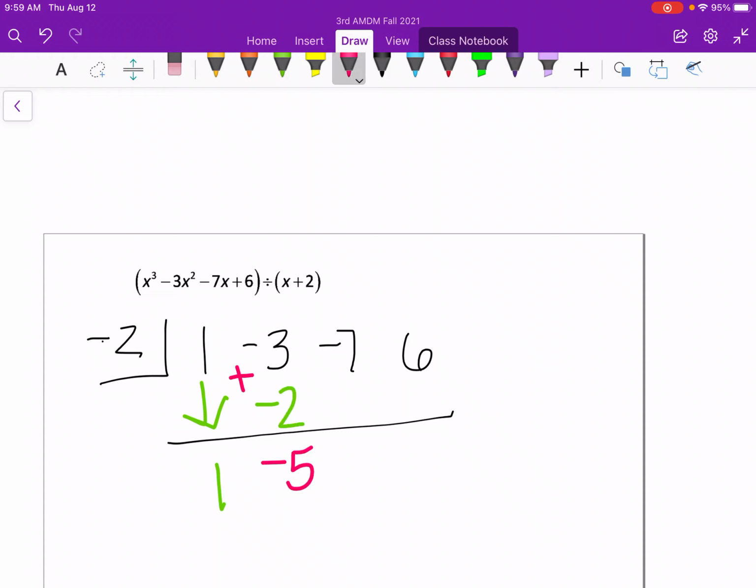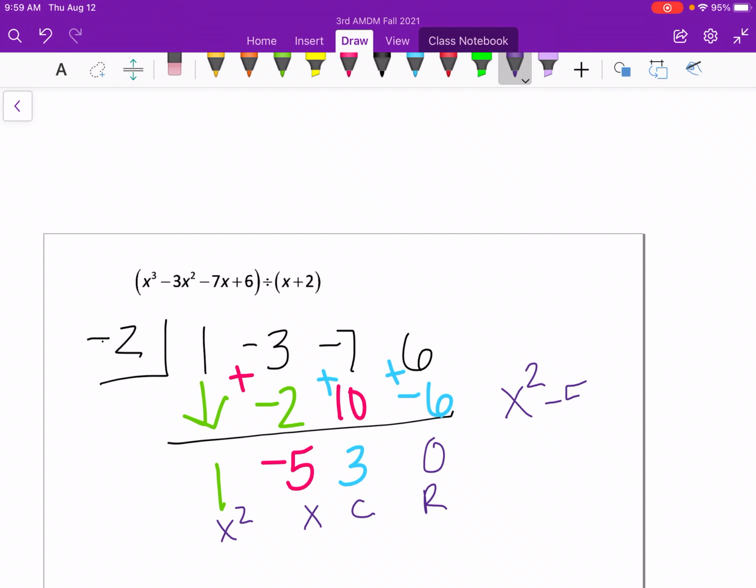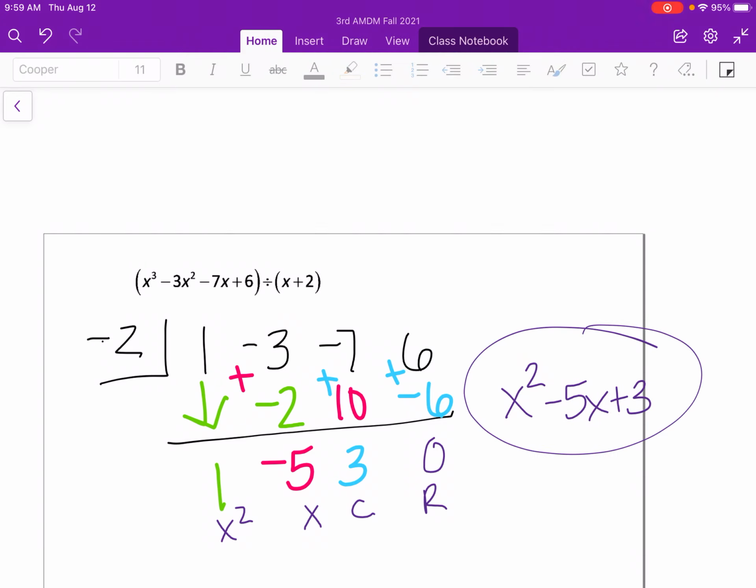I get -5. -5 times -2 is 10. I add. I get 3. 3 times -2 is -6. I add with a remainder of 0. This is my remainder, constant, x to the first, and x squared. That's another way you can write it if that's helpful. So you have 1x squared minus 5x plus 3 with no remainder. That's your answer.